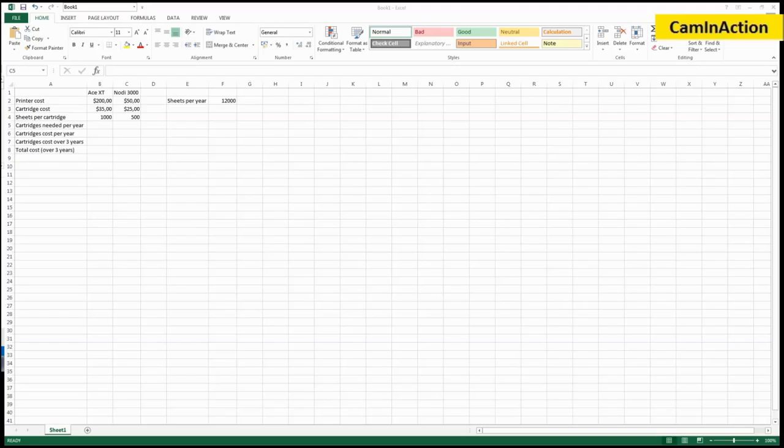So I have prepared a sheet here where we have two printer names, which of course I just typed in as an example. On the left side, under column A, we have printer cost for both of the printers.